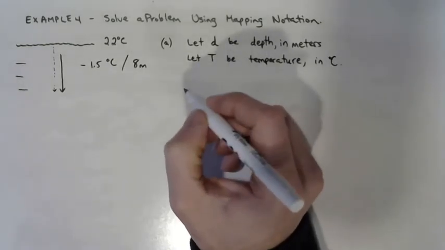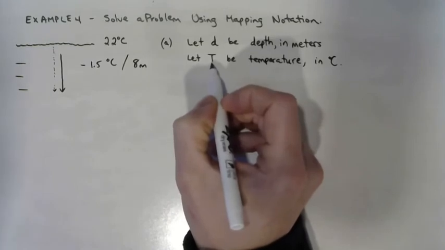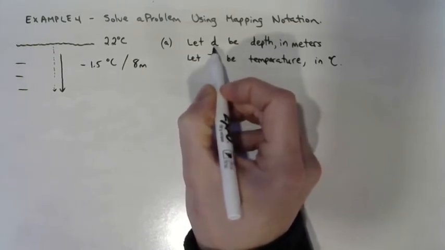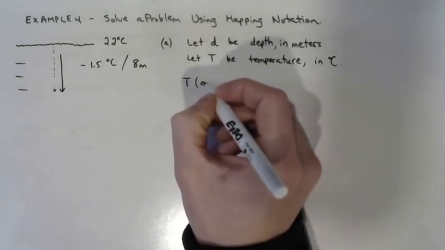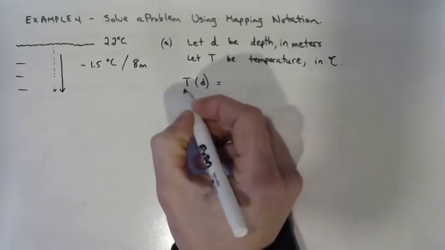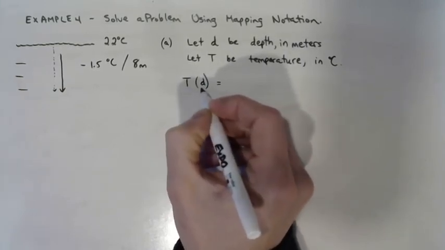What does that mean? That means we're going to get the temperature with respect to the depth, okay? So we're developing a function here. That means we're going to have T with respect to D. That means the temperature is going to change as his depth changes.